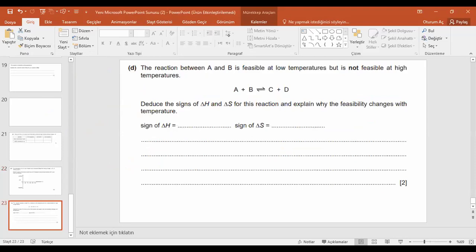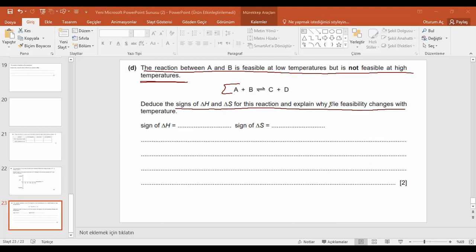And this question, guys: the reaction between A and B is feasible at low temperature, but not feasible at high temperature. We have this reaction. Deduce the sign of delta H and delta S of this reaction and explain why feasibility changes with temperature.